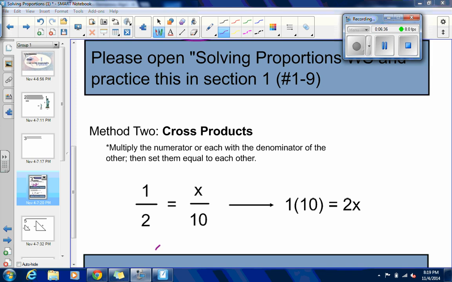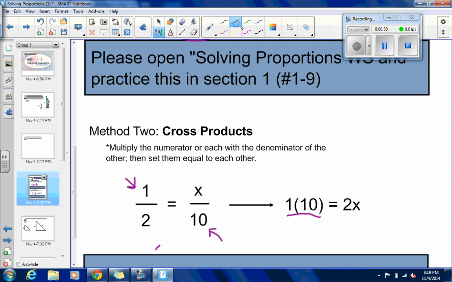All right, so as I was saying, with the cross multiplication method, you have to multiply the numerator of each with the denominator of the other. So if you look at the numerator here, for number 1, you're going to want to multiply it by the denominator of the other. So 1 times 10, I'll show it over to the right here.